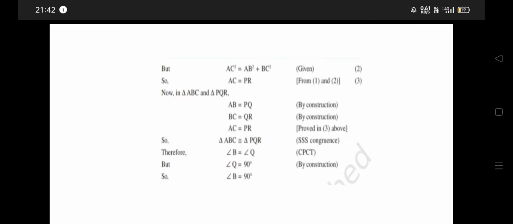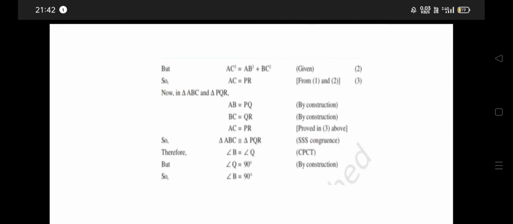Now comparing both the triangles, that is triangle ABC and triangle PQR. By constructions, AB would be equal to PQ, BC would be equal to QR, and AC is equal to PR, as we have proved in equation 3 by constructions and givens.